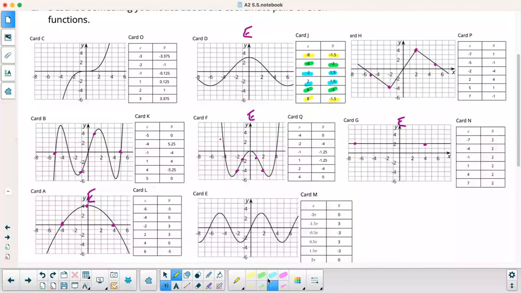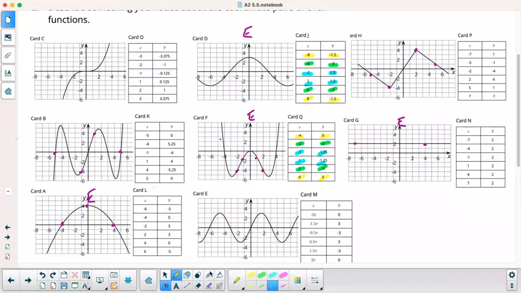Now let's try another one. I'm not going to do every one, but you can kind of pause the video and look at them yourself. Opposite x's. So I got 4 and -4, same y value. Opposite x's, same y value. Opposite x's, same y value.